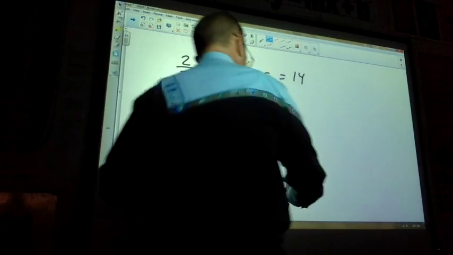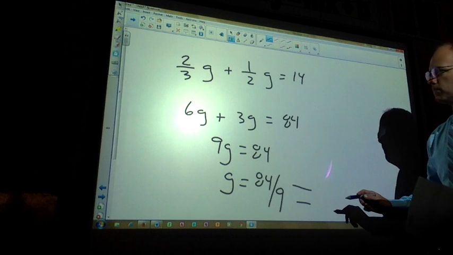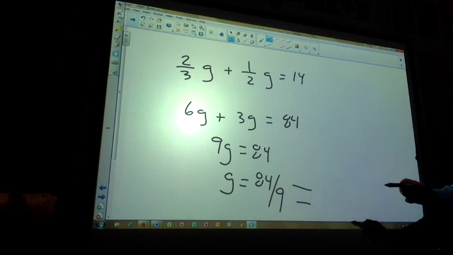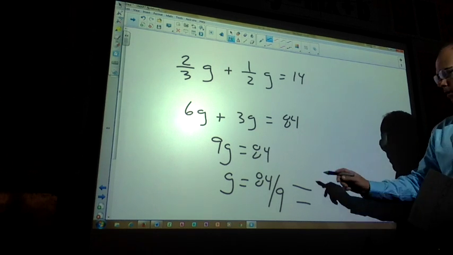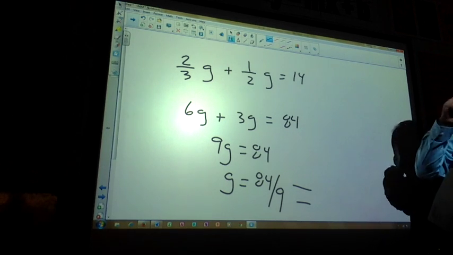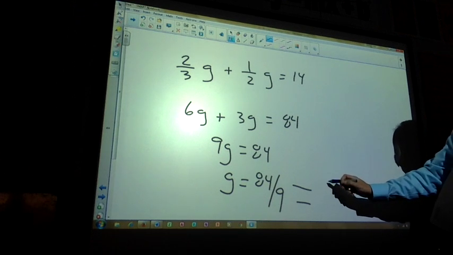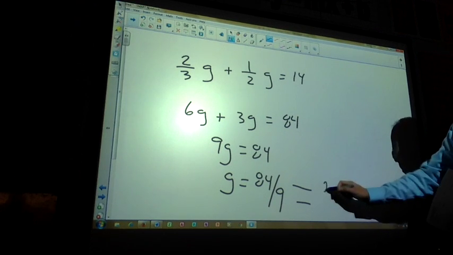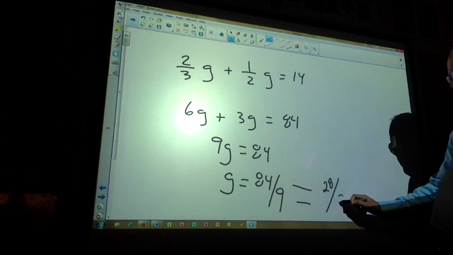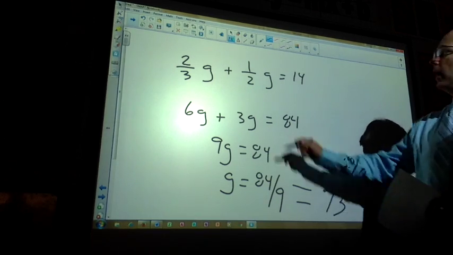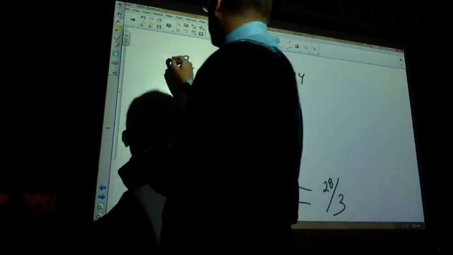Wait, don't we multiply 6 by 14? That's what I messed up. Yeah, I get it. Hang on. It's all reduced. 3 goes into both. 3 goes into the top, 9 and 28 over 3. All right, so this is what I did.